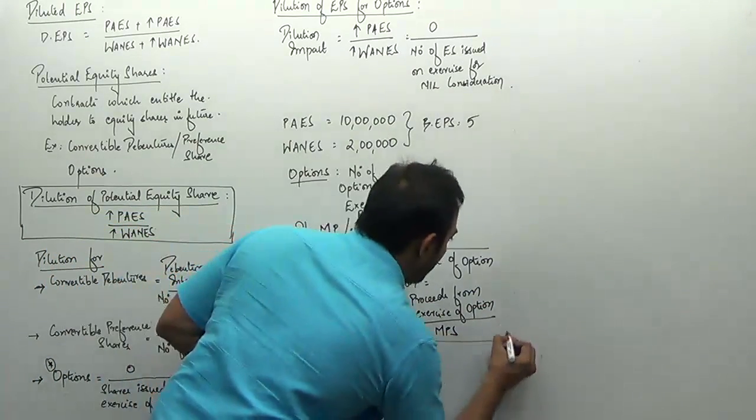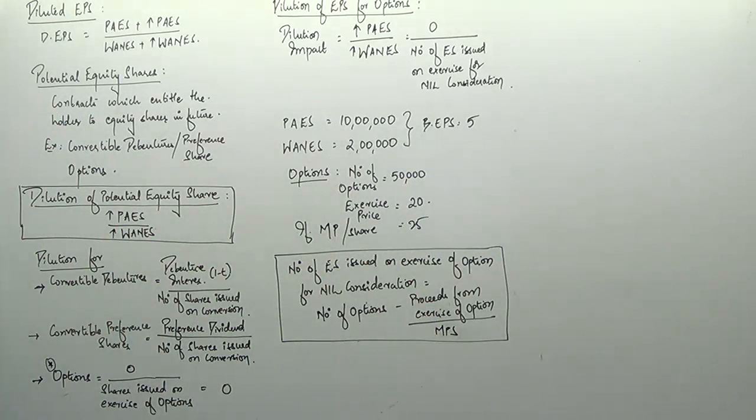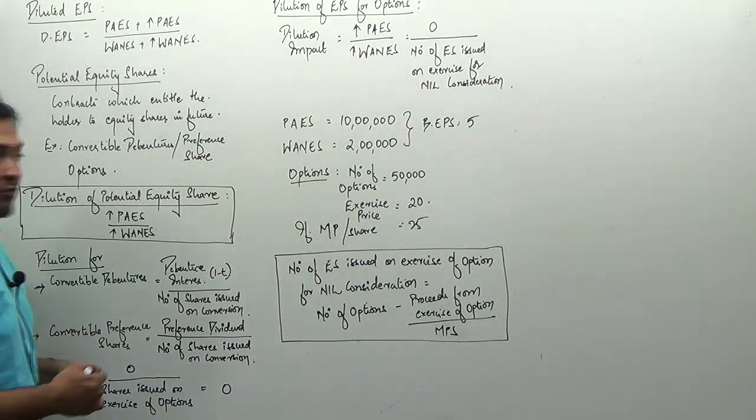Remember this formula, very important for options. Number of equity shares issued on exercise of option for nil consideration is equal to number of options minus proceeds from exercise of option divided by market price per share. If you want, you can apply in the given formula.